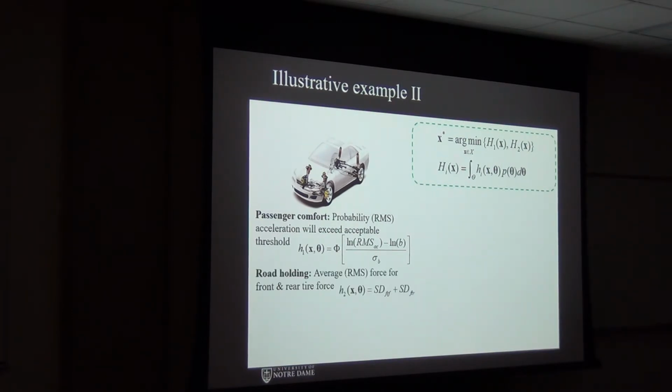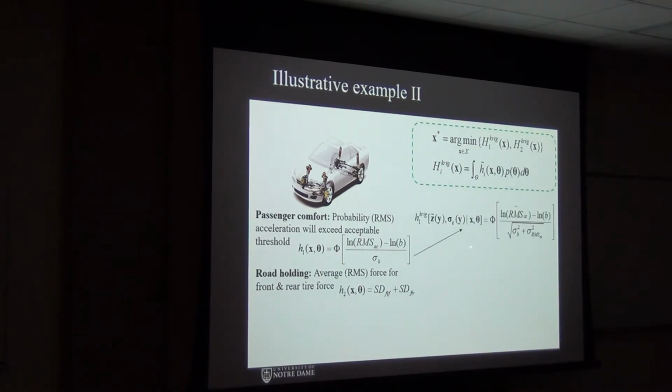My second objective is what we call road holding, which is the average force created between the front and the rear tire force. This is my initial performance objective. As soon as we use the meta model, we can modify them. Here we use a lognormal fragility for the passenger comfort, and you can see that something appears in the denominator.